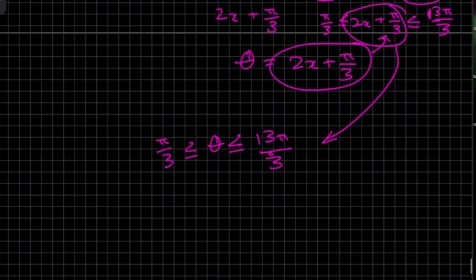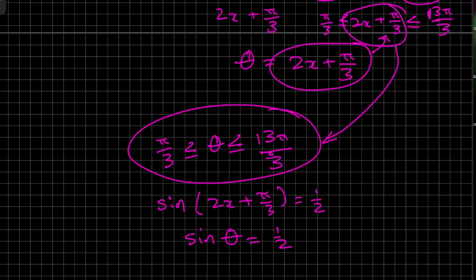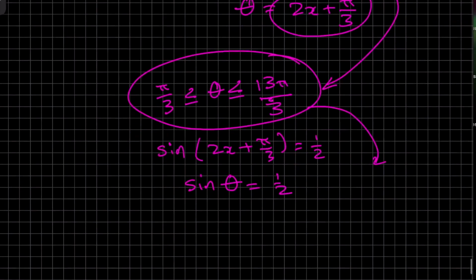This means that we can now solve our equation, which was previously sine of 2x plus pi on 3 equals a half. We can first write this as sine theta equals a half, and we can use our adjusted domain to guide our solution. So we know that theta will be between pi on 3 and 13 pi on 3.